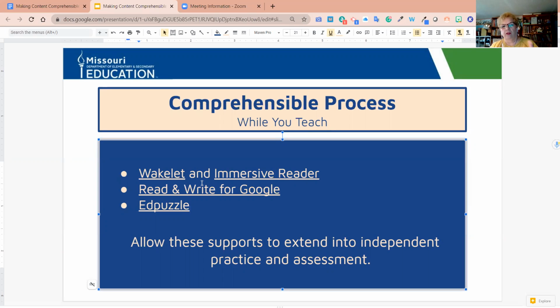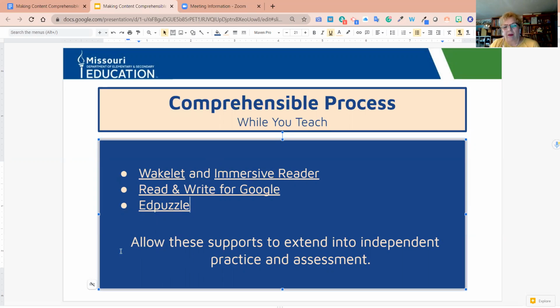And any input the student gives is gathered for you, and you can use that as an assessment, or as a check-in for the students to make sure that they're understanding what they're reading as they go along. It's a wonderful tool as well, and all of these are free.